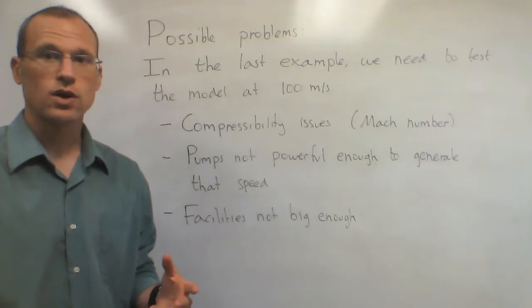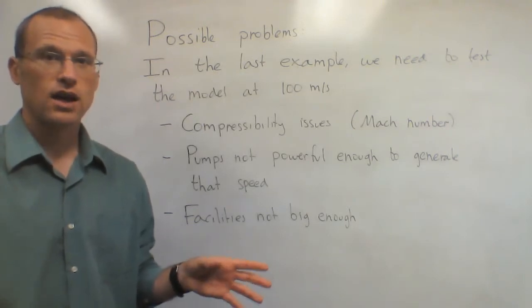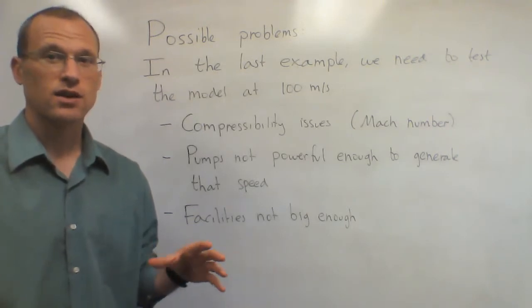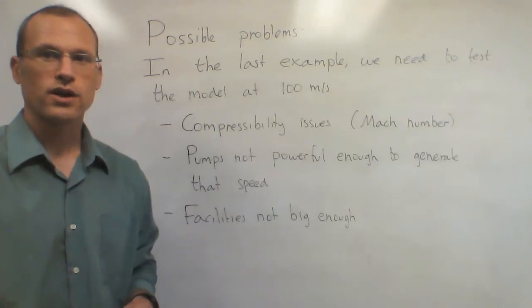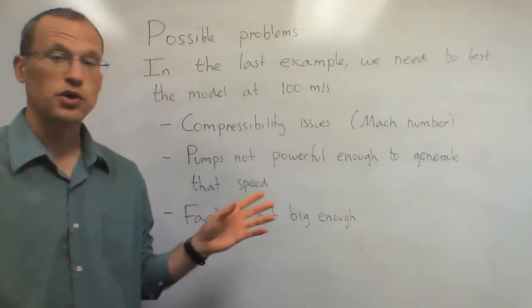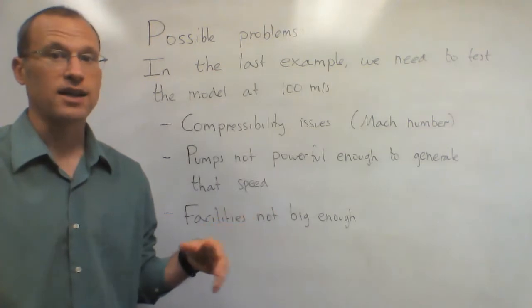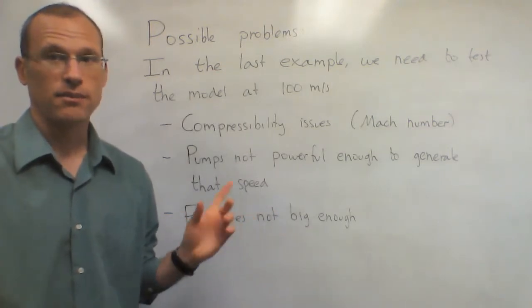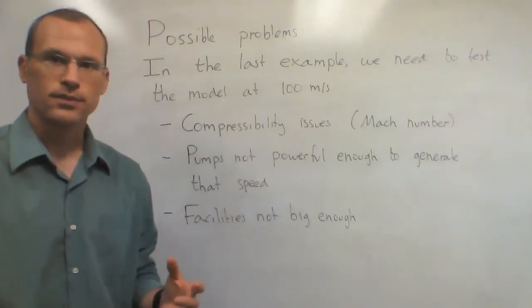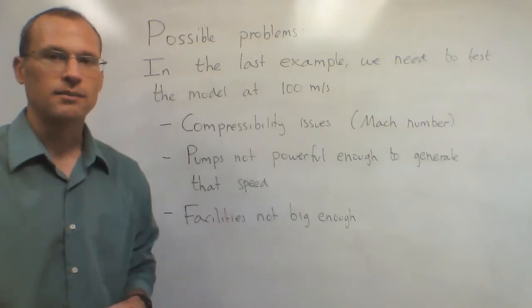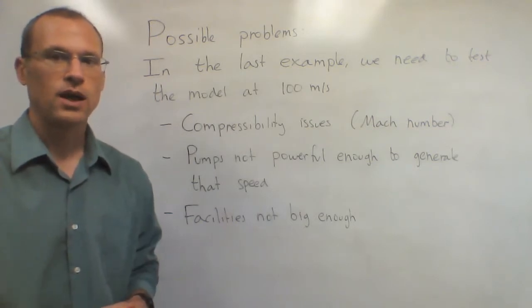So that could be an issue as well. Luckily, in the previous case, at 100 meters per second, you kind of just get away with it. That's pretty borderline as to whether you can still ignore the Mach number. Anything above 100 meters per second, that's going to be important. So last case, we kind of got away with it. Anything higher than that would be a problem.